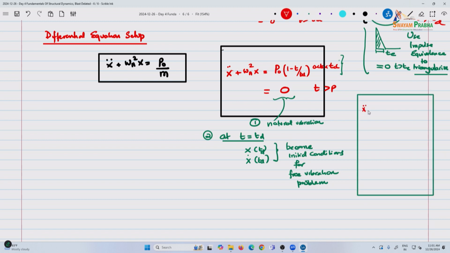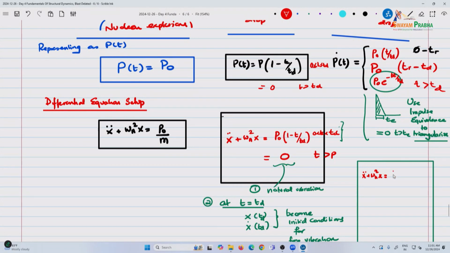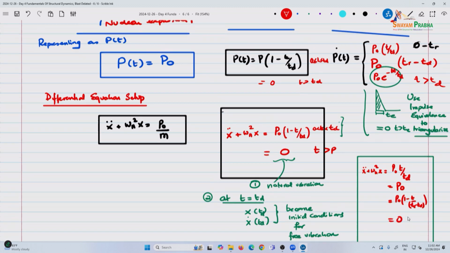again, all of this is without damping. You would have P naught t by TD, P naught 1 minus t by TE minus TD, I think, equal to 0.